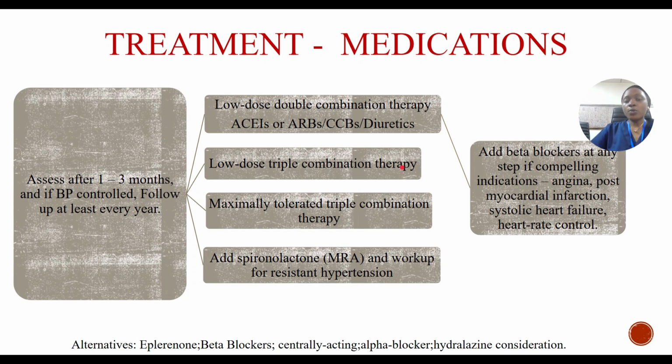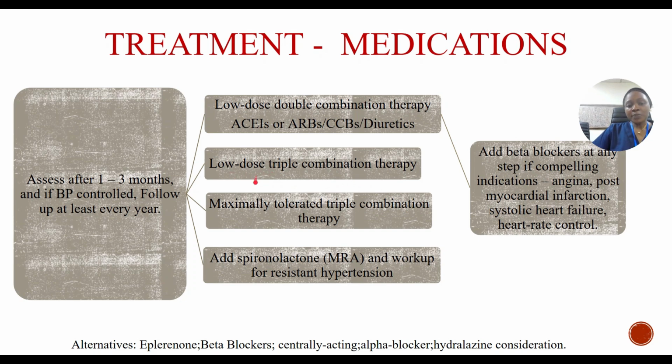Now, a question that might come up is why not increase double combination therapy instead of going straight to triple combination therapy? As we know, with hypertension, there are multiple mechanisms involved in causing hypertension, from the RAS pathway to salt or water retention. So, by using multiple medications, we're able to target different pathways, and that will give better effectiveness when it comes to reducing blood pressure.